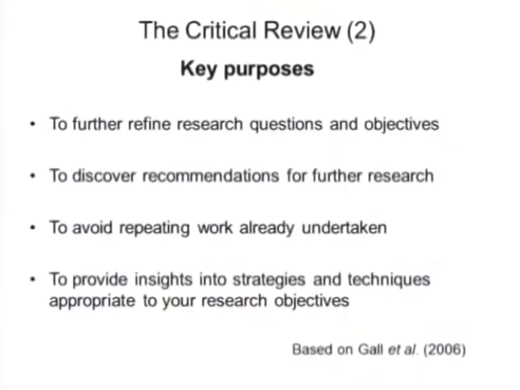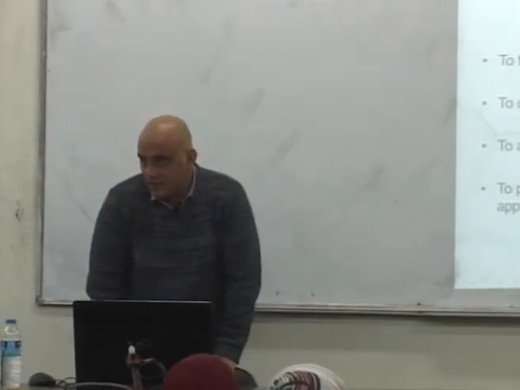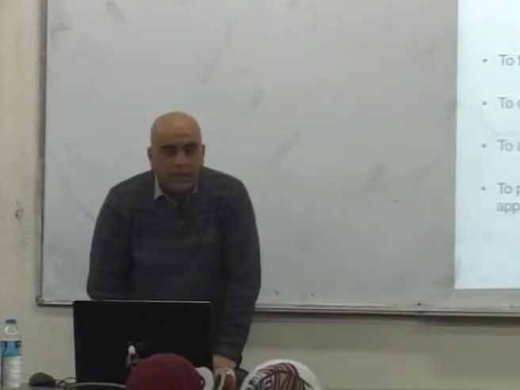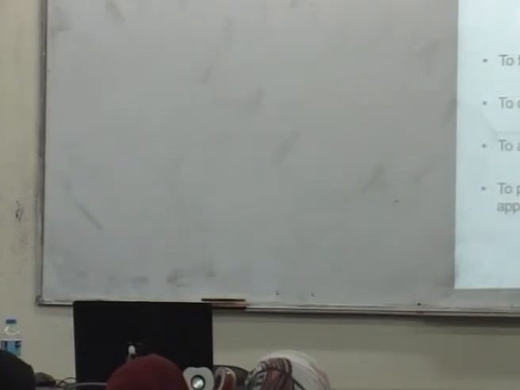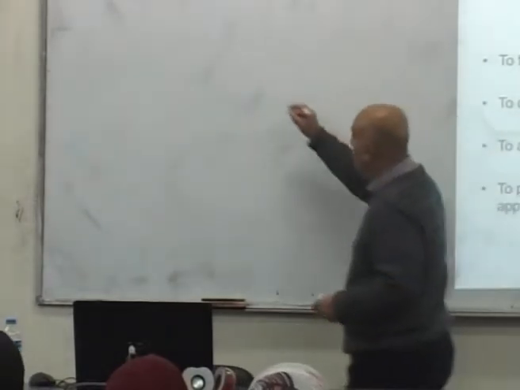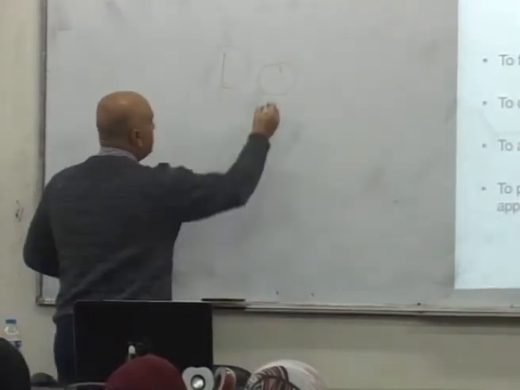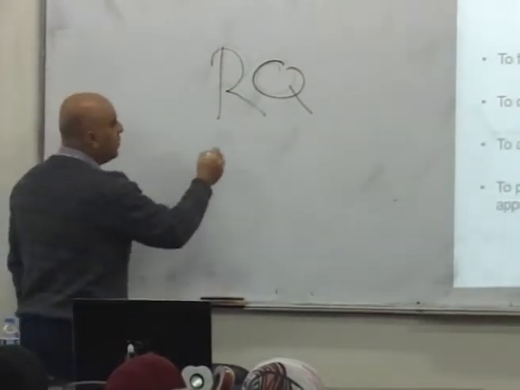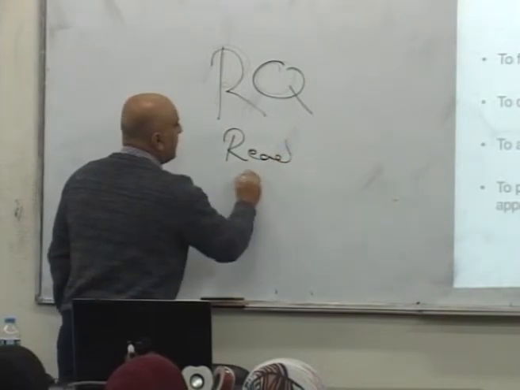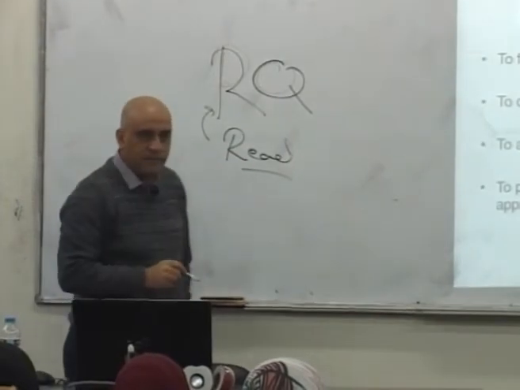The key purposes or objectives of criticizing the literature review. What is the aim of criticizing? Look at the first one. It's a matter of refining your research questions and research objectives. When you read the literature review, keep your eyes on the research questions.